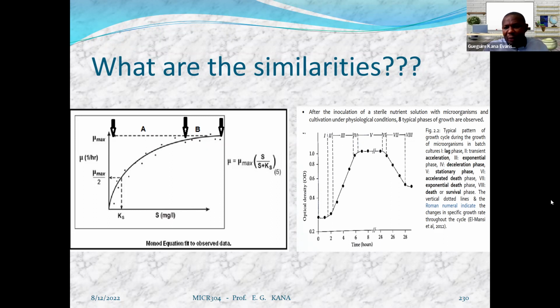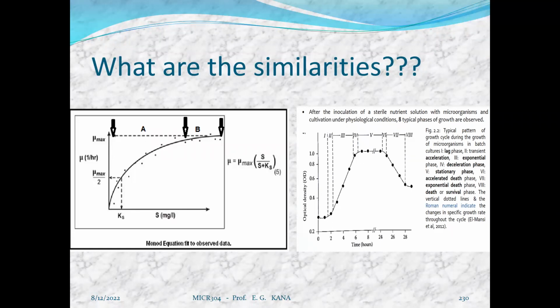Have you understood? Unmute yourself. Feel free. Don't be shy in this class. Okay. Have you understood the explanations, the matching of similarities between the graph on your left and the other one on your right? Which section corresponds to the deceleration phase? Yes, I have. Great.